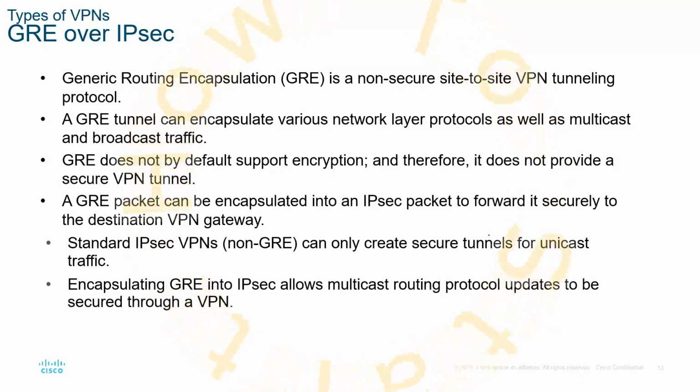Unicast being one-to-one. Encapsulating GRE into an IPsec will allow multicast routing protocols to update using the secure connection through a VPN. Overall, GRE is not used for secure communication. However, GRE in conjunction with IPsec will build a secure VPN.